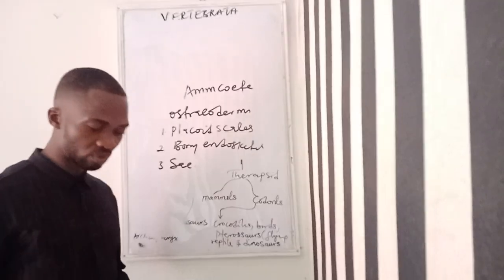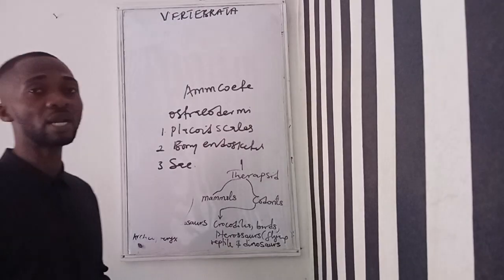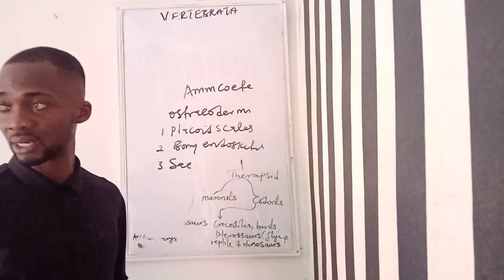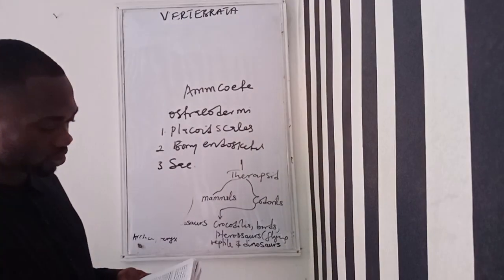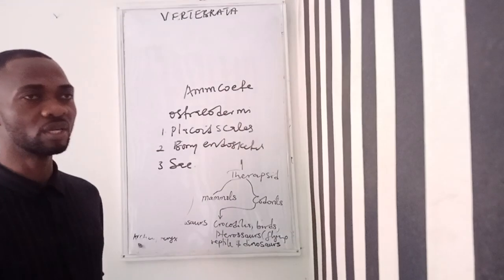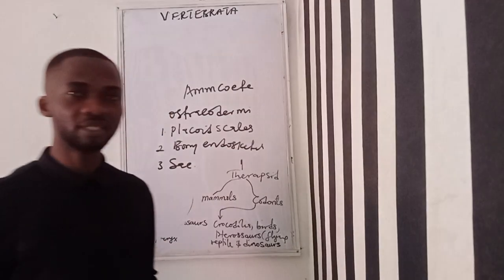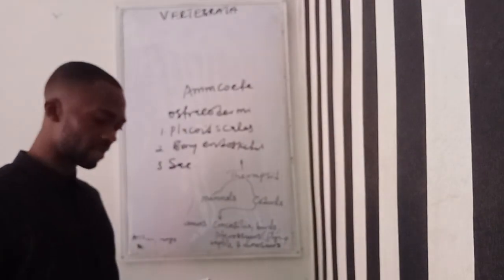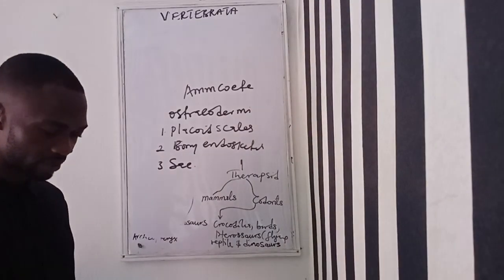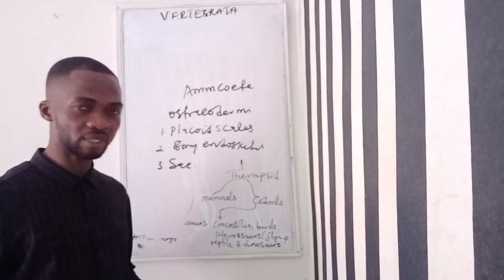So coming to Gnathostomata, let's look at some of the classes under the superclass Gnathostomata, and one of them is Chondrichthyes. The first thing you should know is that they are cartilaginous fishes. That is the common name for Chondrichthyes. The endoskeleton is composed of cartilage, which is impregnated with calcium.